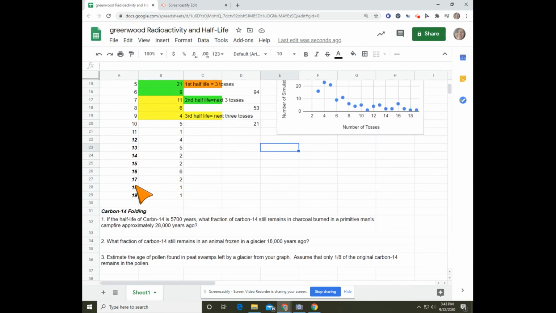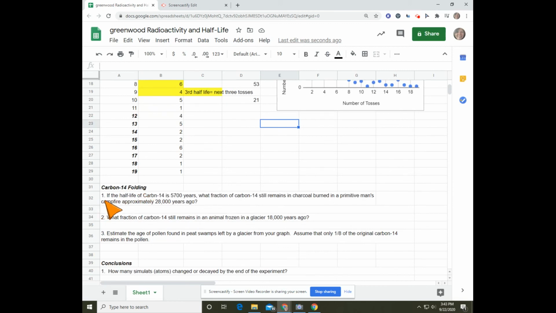Okay, so if we come down here and we look at the question: if the half-life of carbon-14 is 5,700 years, what fraction of carbon-14 still remains in charcoal burned in a primitive man's campfire approximately 28,000 years ago?